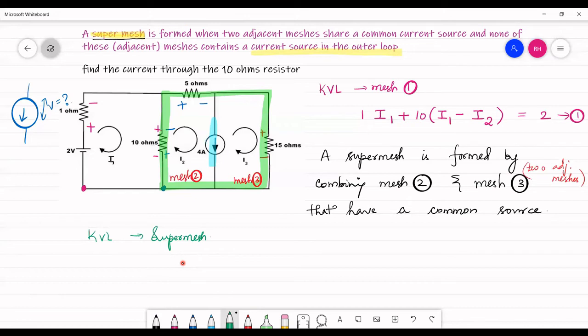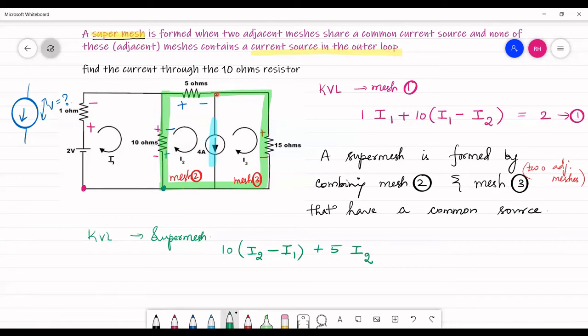As you apply KVL, let us start from one random point. You travel from plus to minus. So you have here 10 into (I2 minus I1), and then here it is plus 5 I2. Then instead of coming here, this is our super mesh, whichever I have highlighted in green.